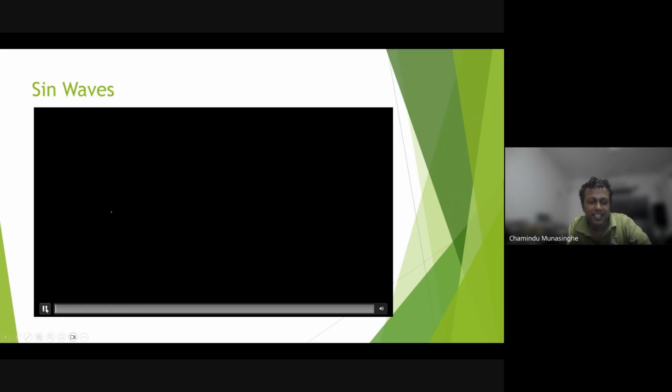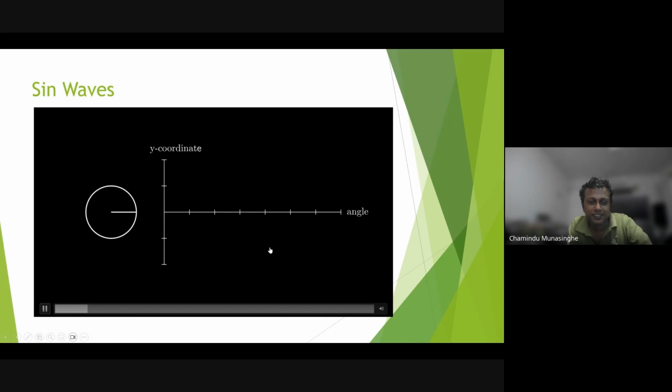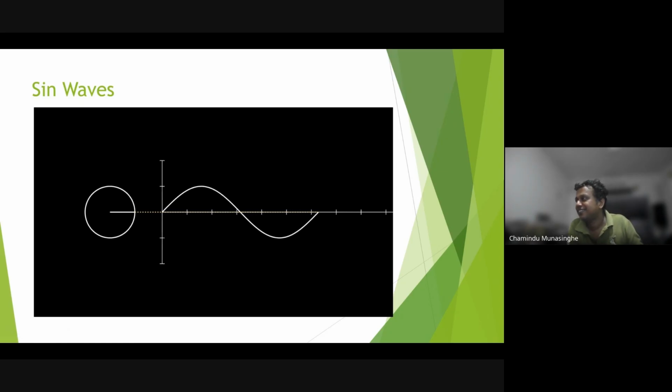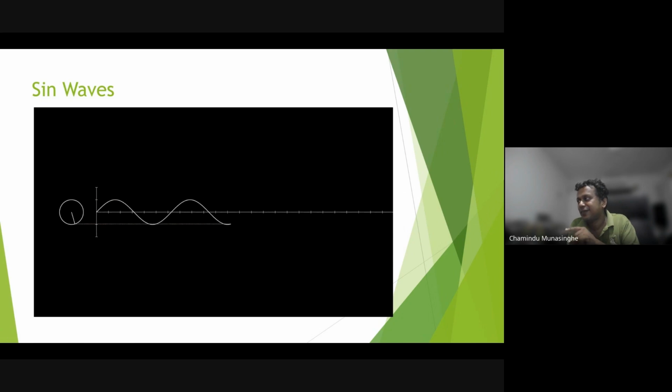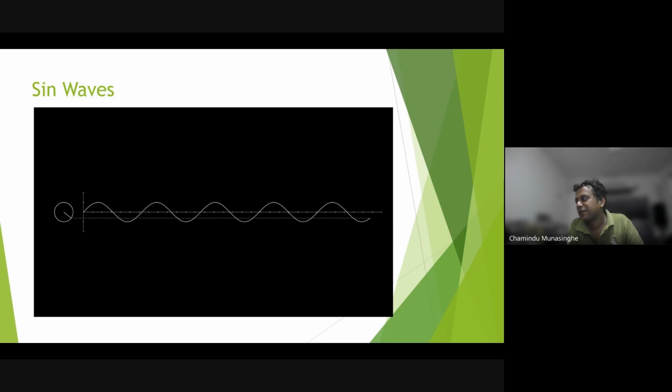Another thing that I would like to give you an idea about, since we are here. Think about this. Now this is a rotating vector that projects this sine wave, right? What if this vector rotates the other way? What will be the result? It's a bit of an advanced topic, but that's what we call a negative frequency. It's the same waveform, but the frequency is negative. Something to think about.